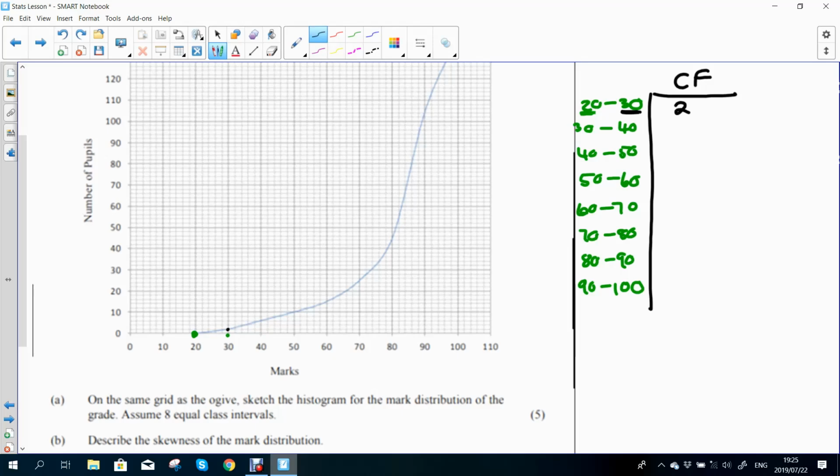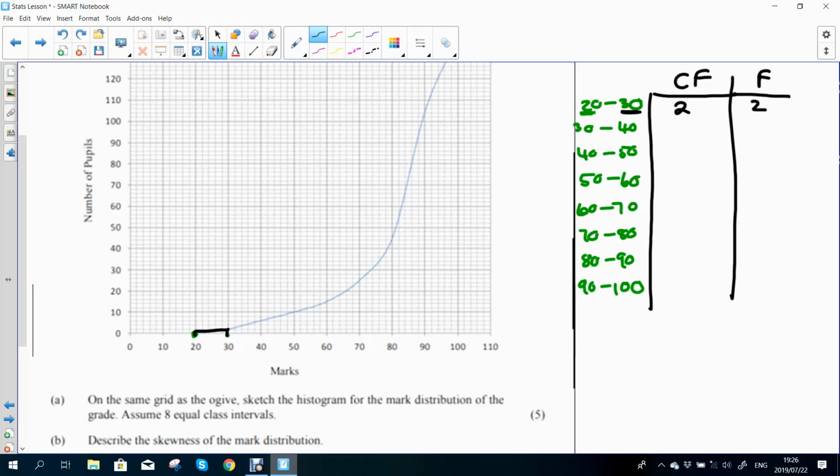Now I need to draw this histogram. Let's put a frequency here as well. My frequency will be 2 as well. So I'm going to go from 30 up to 2, and I'm drawing my little bar in there.